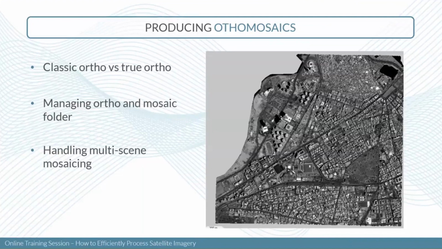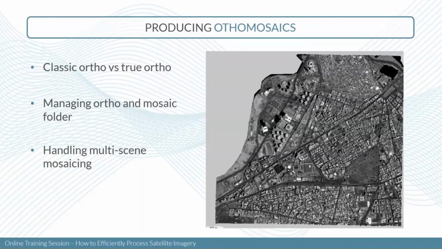to correct for other pixel displacement. One other thing that's important when you're going to do the ortho rectification with satellite imagery is how you're going to handle your folders within Correlator 3D, because the panchromatic and the multispectral don't have the same resolution. So what you would like to do here is run one set of ortho from your panchromatic and then one set of ortho from your multispectral.